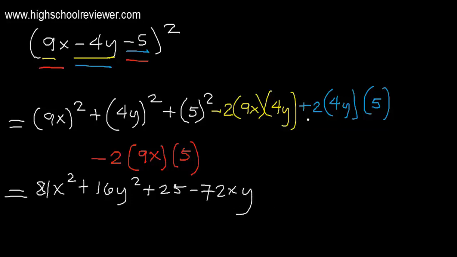And then positive 2 times 4 times 5, this will give us positive 40y. And negative 2 times 9x times 5, this will give us negative 90x. Therefore, 81x squared plus 16y squared plus 25 minus 72xy plus 40y minus 90x is our final answer.